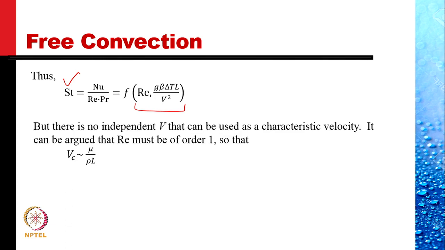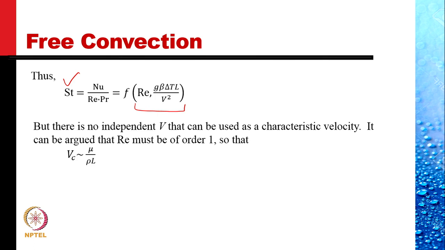But there is no independent parameter V that can be used as the characteristic velocity. In fact, the resulting velocity is the result of the phenomena, result of the free convection. It is not something that can be specified independently.